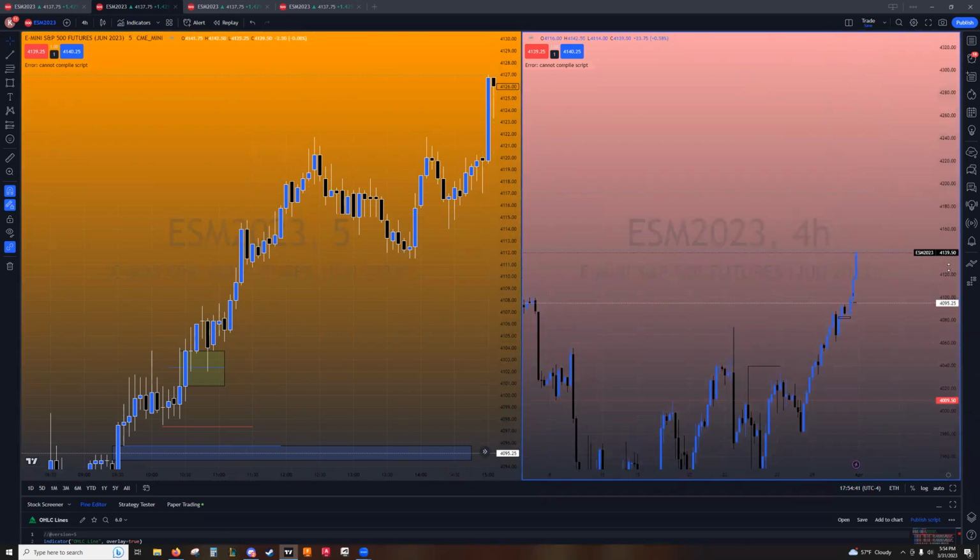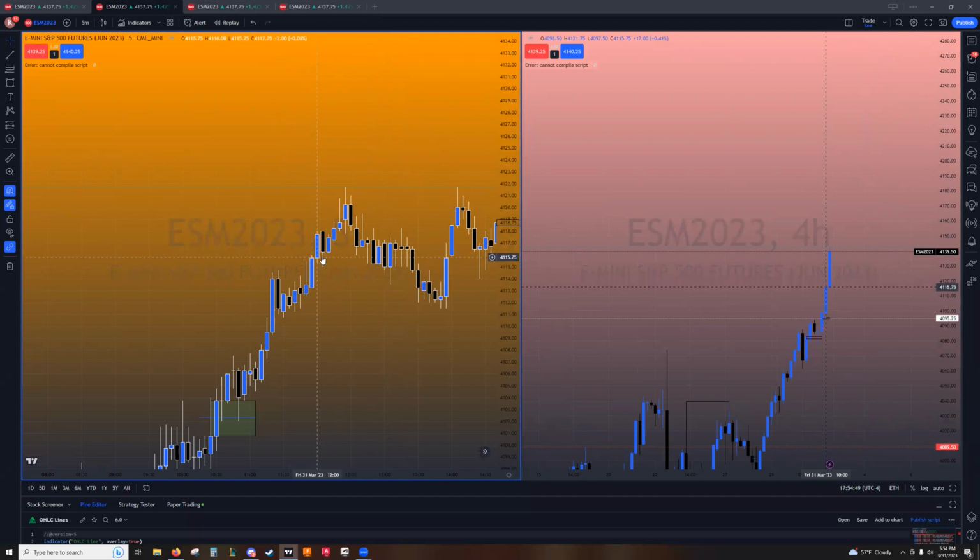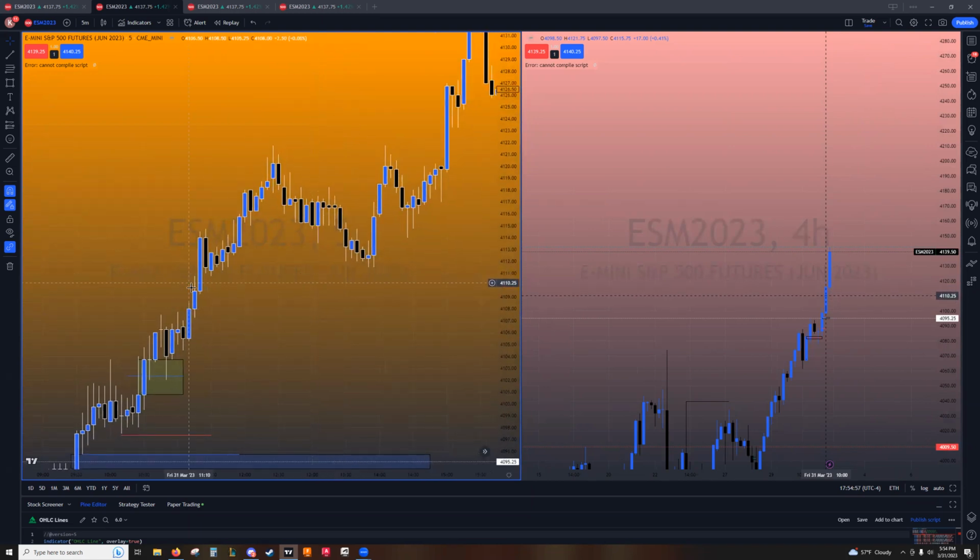Right here, doesn't look like we made any significant gap before or during the lunch hour, just chopped around. This is why I don't trade during the lunch, 12 o'clock to 1:30 or 1, it wasn't very nice. We have an example of this gap here.